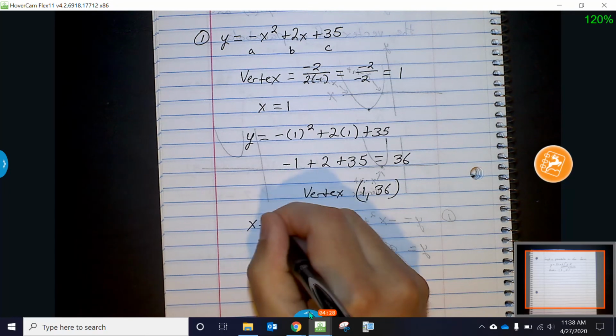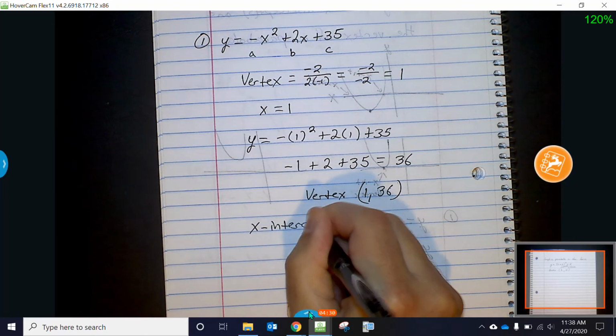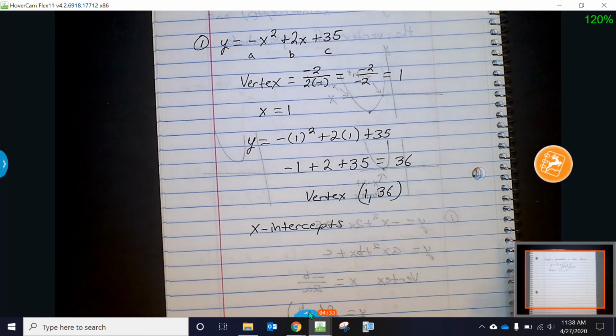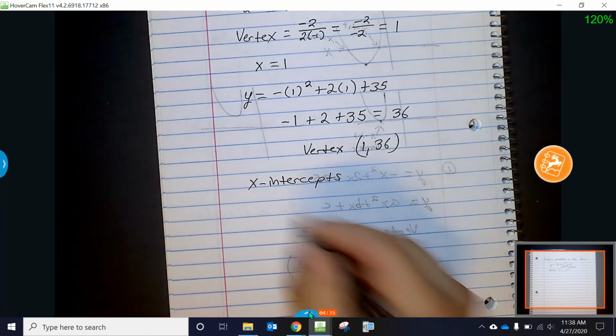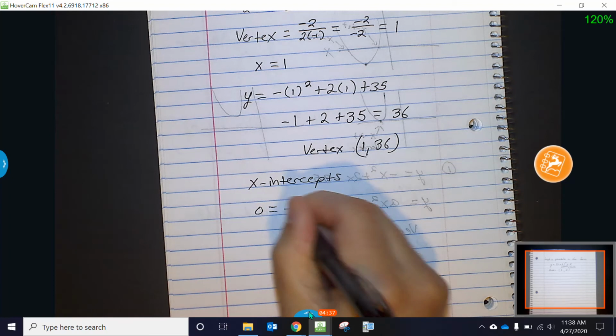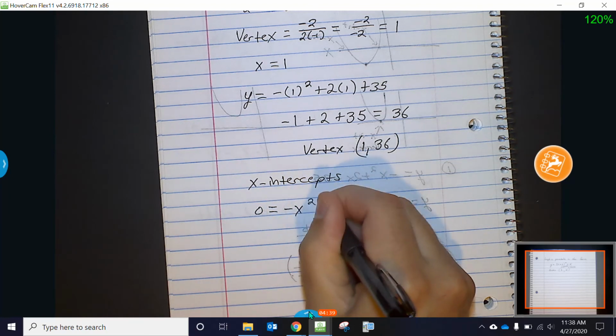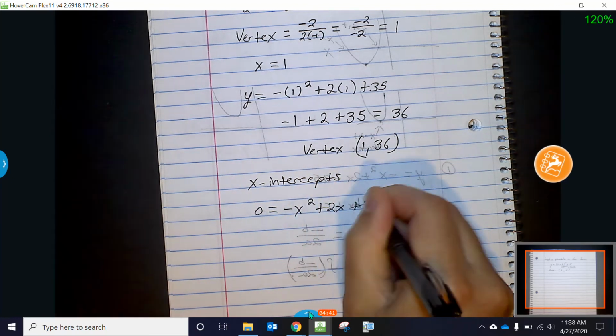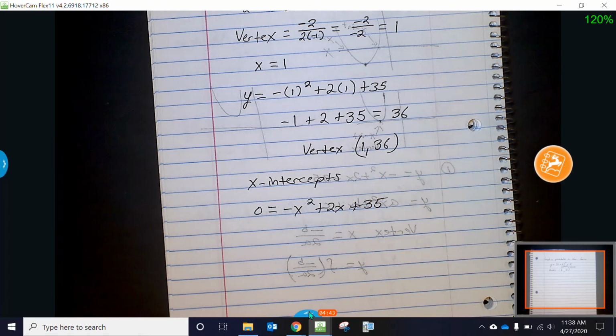Now our x-intercepts. We're going to set the function equal to 0. Now all of these will factor. So anything we see here will factor. Test questions will factor. So we want to see you factor it for your work for the test, for your final exam.